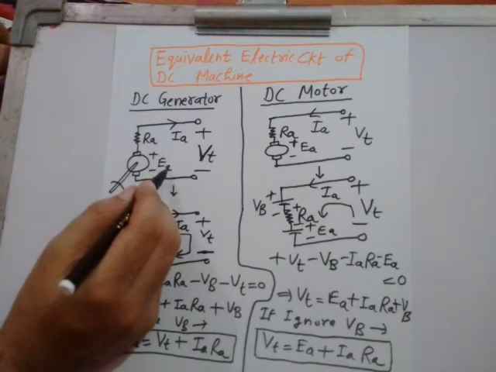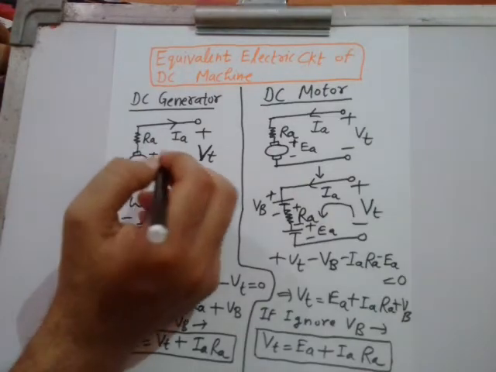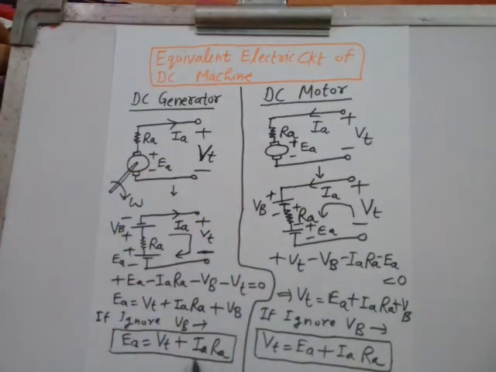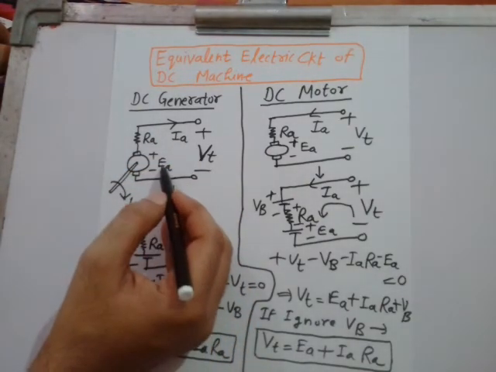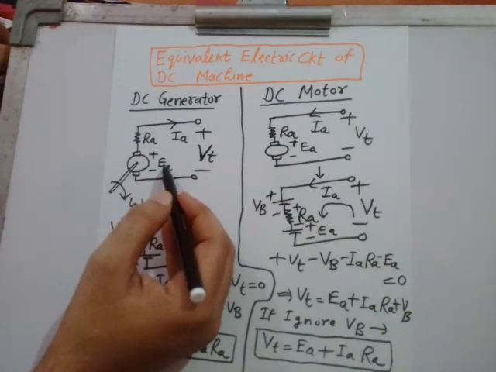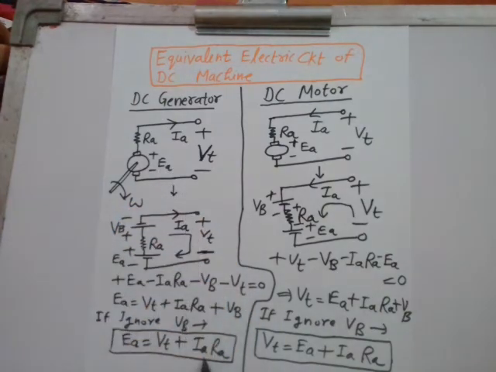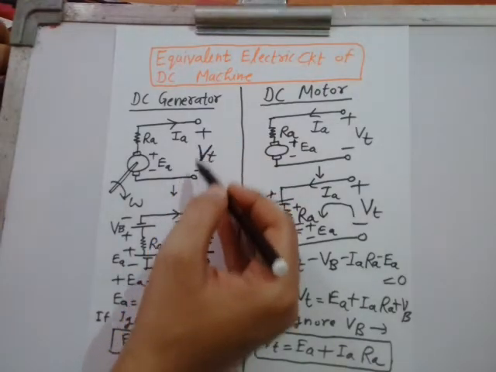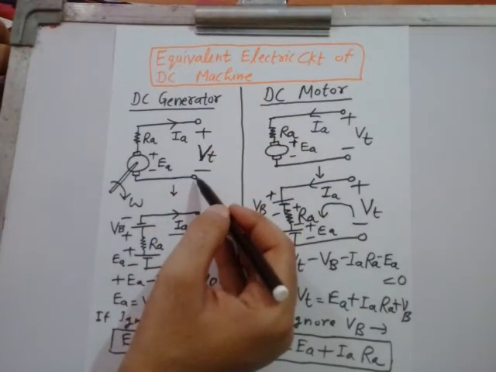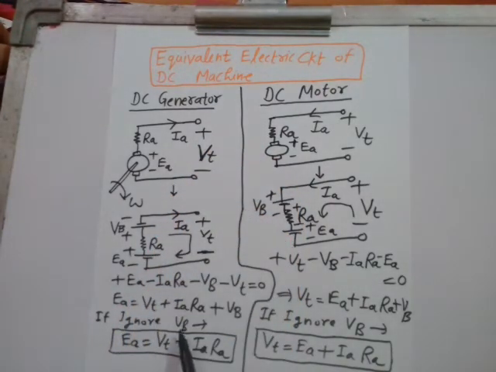If you subtract the IARA drop from this induced EMF, you get the voltage at the terminal. Obviously the brush voltage drop you should also subtract.